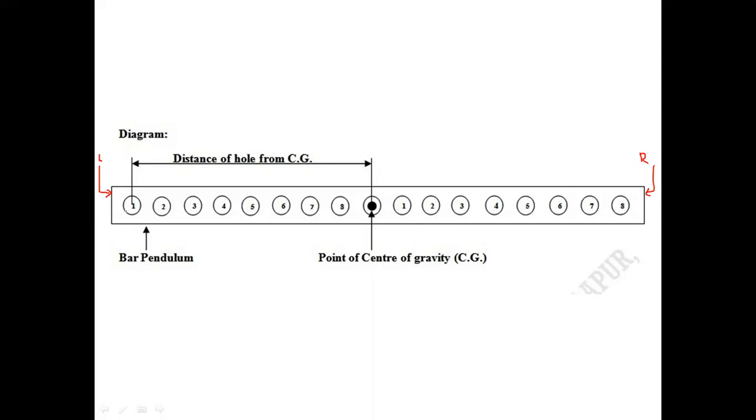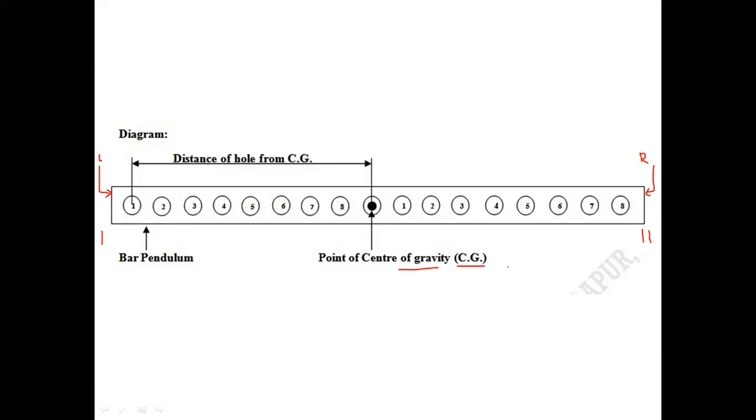As shown in the diagram, 1, 2, 3, 4, 5, 6, 7, 8, and the central one, these are the holes drilled on the bar pendulum on one side and on the other side. At the center of this bar pendulum, we have the point of center of gravity, that is CG.